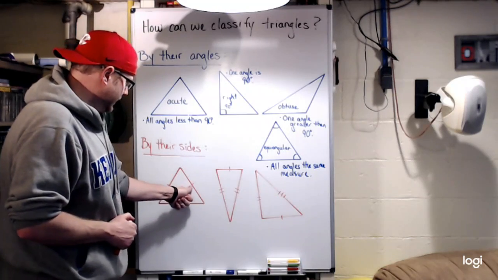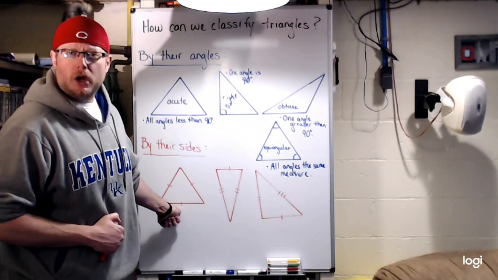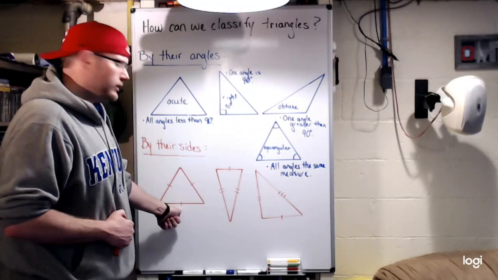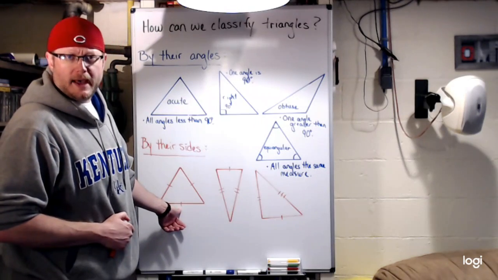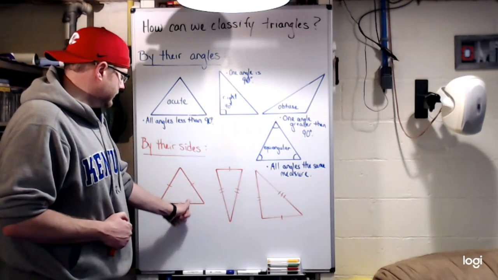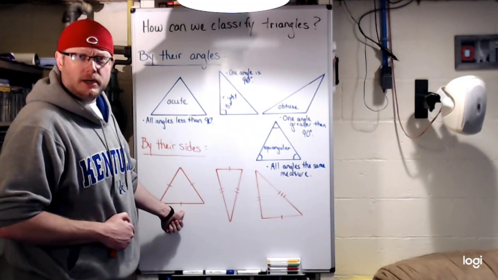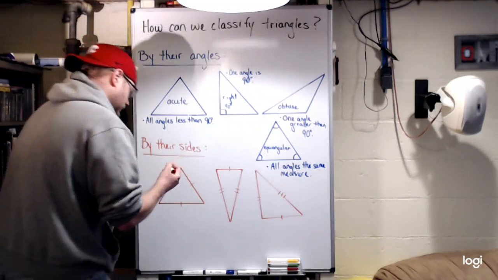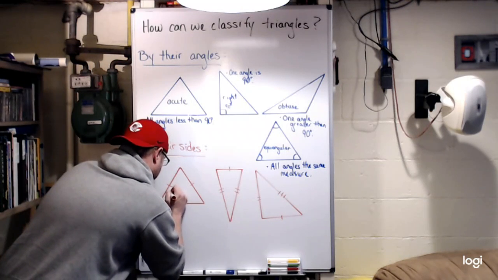So in this case, because they each have one hash mark on each side, we know that each side is congruent, right? So this is what I called earlier an equilateral triangle. So this is equilateral.